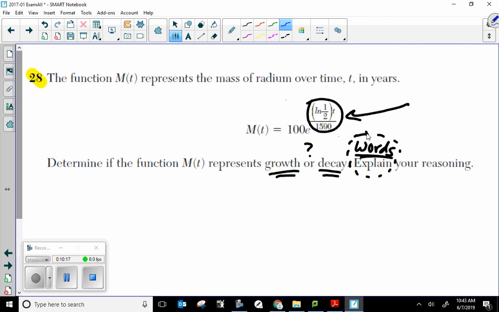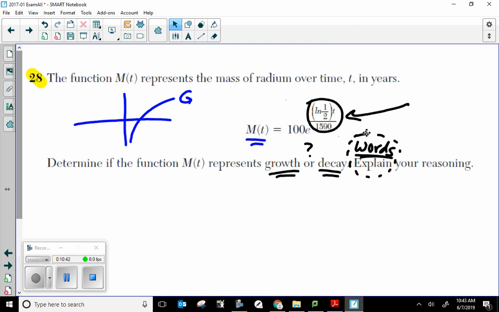In my mind, there are two ways I can tell or detect whether m of t is growing or shrinking. Number one, I'm going to look at the graph. Chances are I'm going to plug that in. If it's increasing, that's growth, G for growth, right? Or maybe it comes down like this.